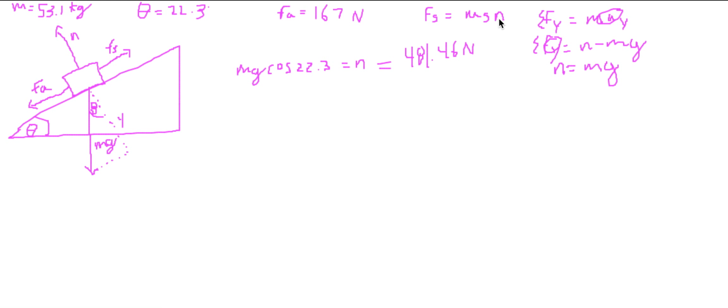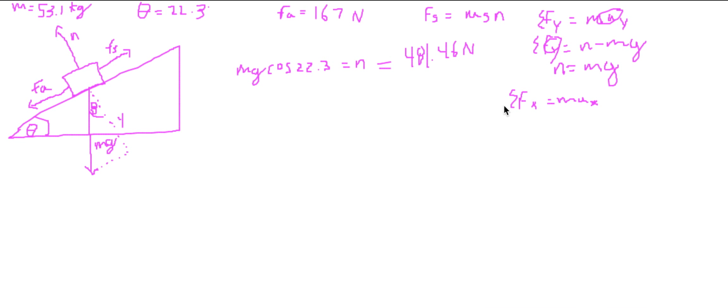So now that we have our N, we can solve for the sum of the forces in the x direction. The sum of forces in the x direction is equal to the mass times the acceleration in the x direction.